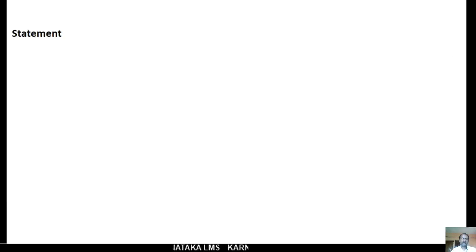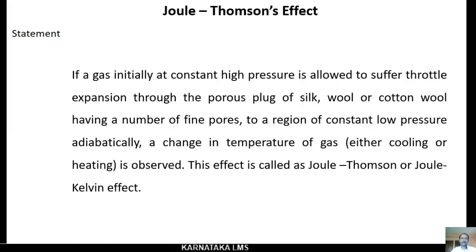Let us look at Joule-Thomson effect. The statement is like this: if a gas initially at constant high pressure is allowed to suffer throttle expansion through the porous plug of silk wool or cotton wool having a number of fine pores to a region of constant low pressure adiabatically, a change in temperature of gas, either cooling or heating, is observed.